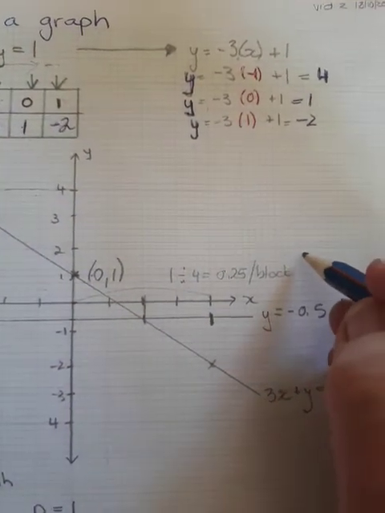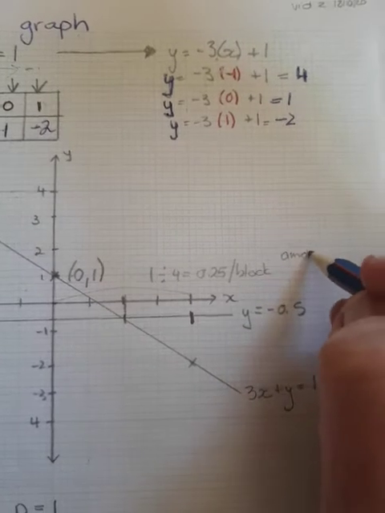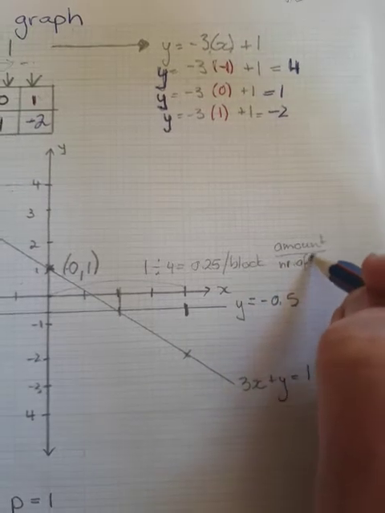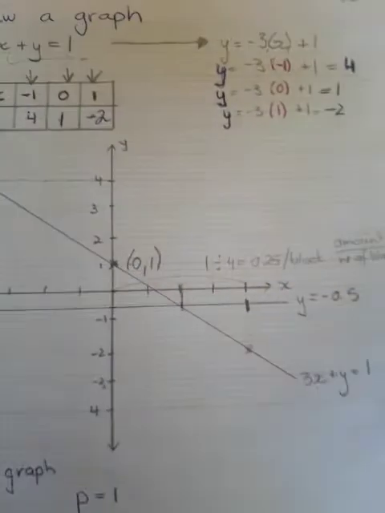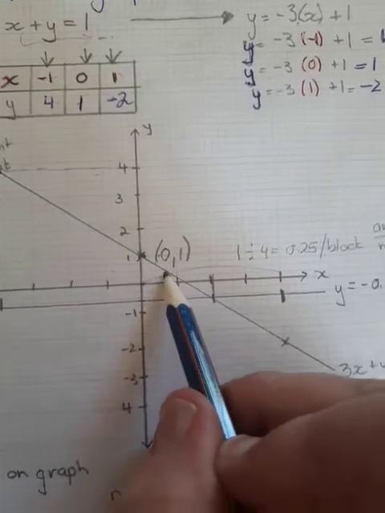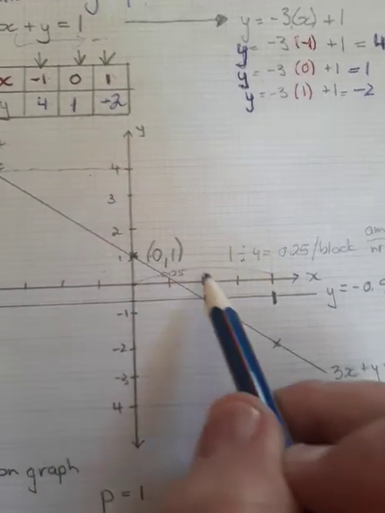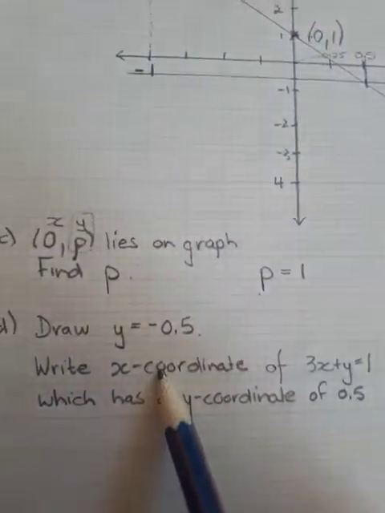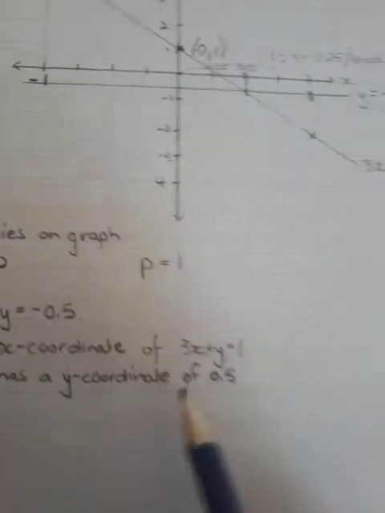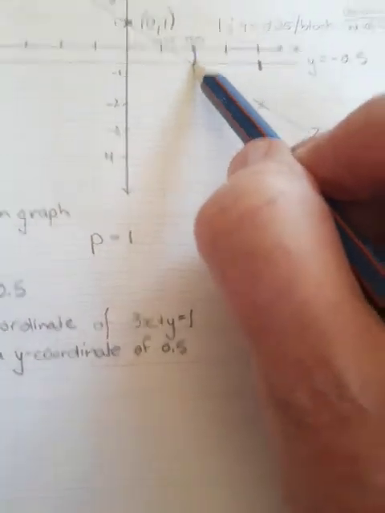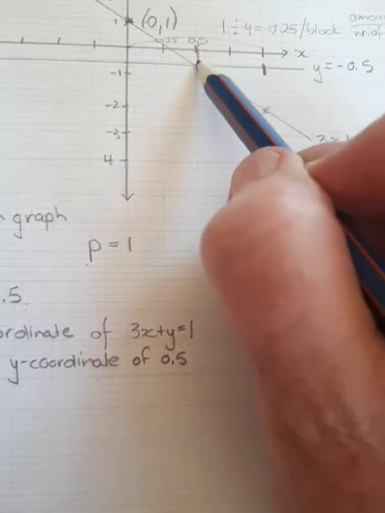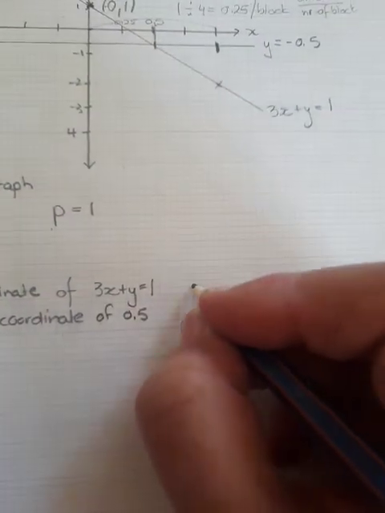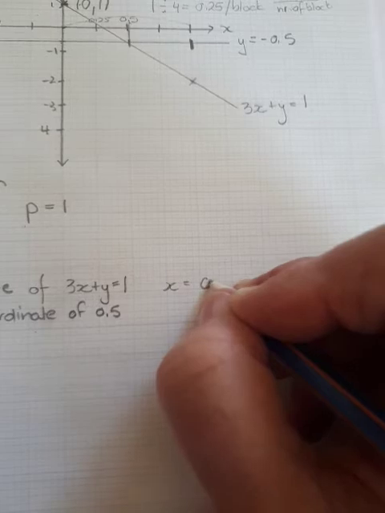You get the amount between 2 points, and you divide that by the number of blocks. So if you go back here, then this is 0.25, then that one will be 0.5. So they're asking you the x coordinate where y is 0.5. If you look at that one, your x coordinate is 0.5, at the point where the y coordinate is 0.5. So the x coordinate equals 0.5.